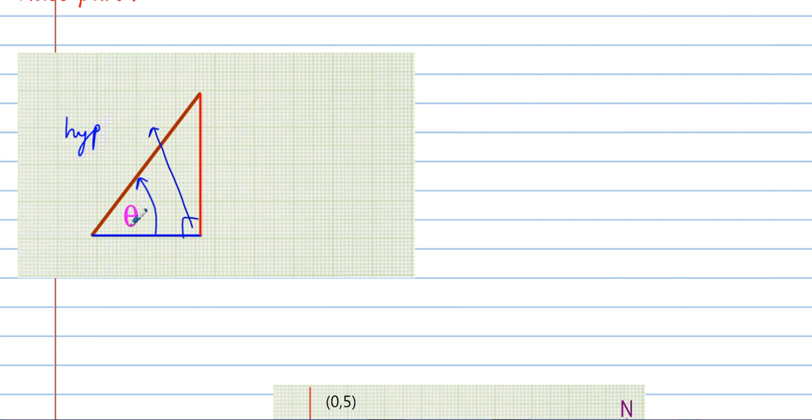The side across from the defined angle theta is referred to as the opposite, because it is, of course, opposite this angle. And in reference to this angle, this side is referred to as the adjacent, because the word adjacent means beside, and this length is beside this angle.